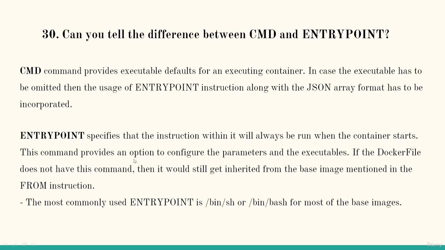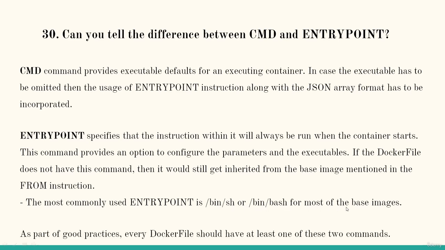So this command provides an option to configure the parameters and executable. So if the Dockerfile, for example, doesn't have this command, then it would still get inherited from the base image mentioned in the FROM instruction. The most commonly used entry point is /bin/sh or /bin/bash for most of the base images. As part of good practice, every Dockerfile should have at least one of these two commands.